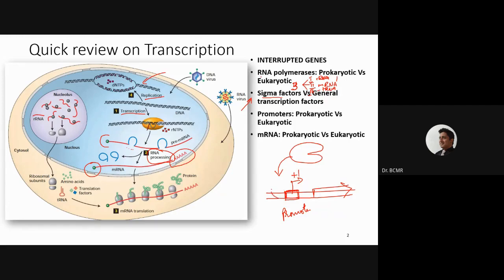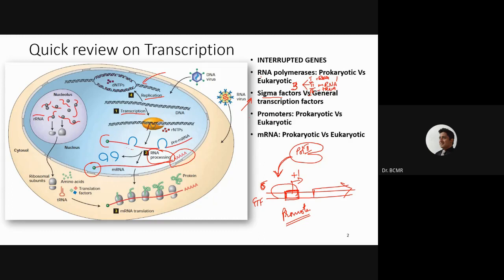For that, we need a factor. In prokaryotes, we have something called a sigma factor, and in eukaryotes, the same function is performed by general transcription factors, GTFs. Whichever the context may be, prokaryote or eukaryote, they will bind or recognize the promoter sequences, and they will allow the loading of RNA polymerase. I'll just put polymerase 2 here, right?